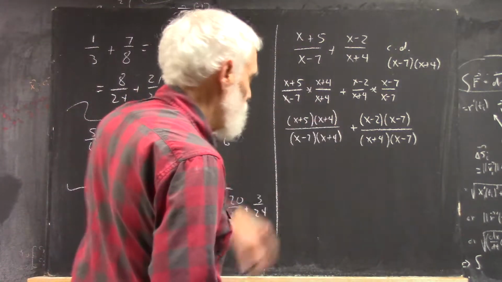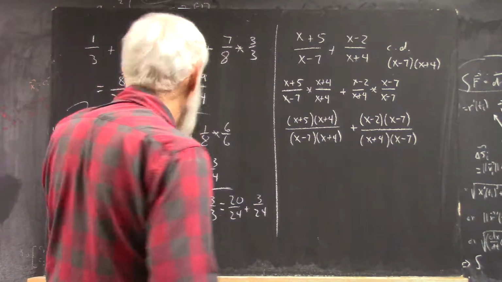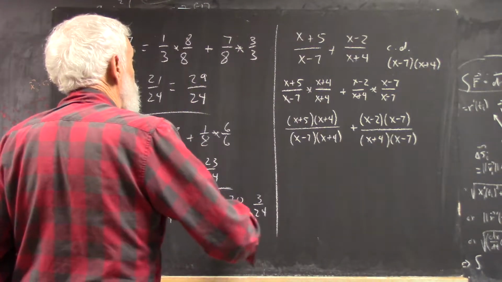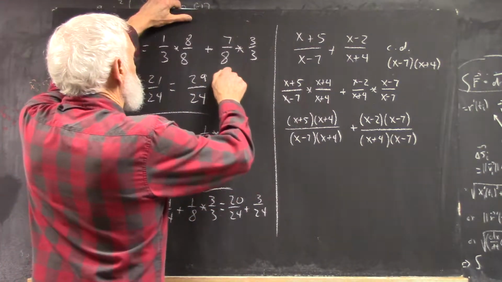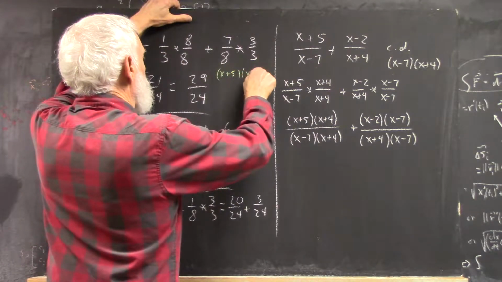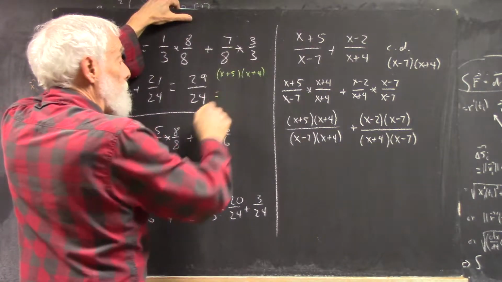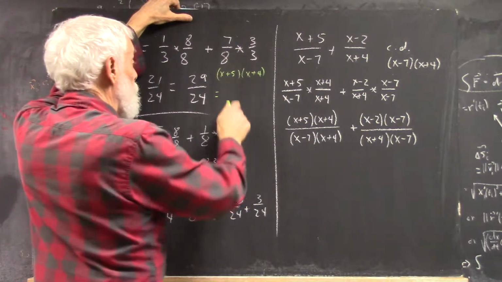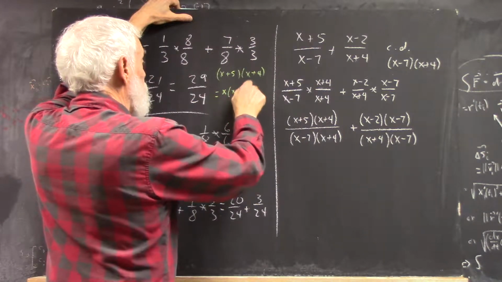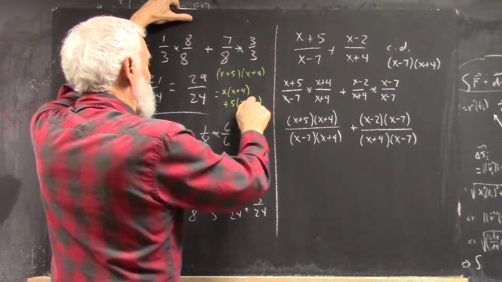Okay, x plus 5 times x plus 4 is multiplied by the distributive law. Don't have a lot of room to do that, but I'll squeeze it in here. It's a little small, but you should understand what I'm doing. X plus 5 times x plus 4 equals what? By the distributive law of multiplication over addition, it's x times x plus 4 plus 5 times x plus 4.